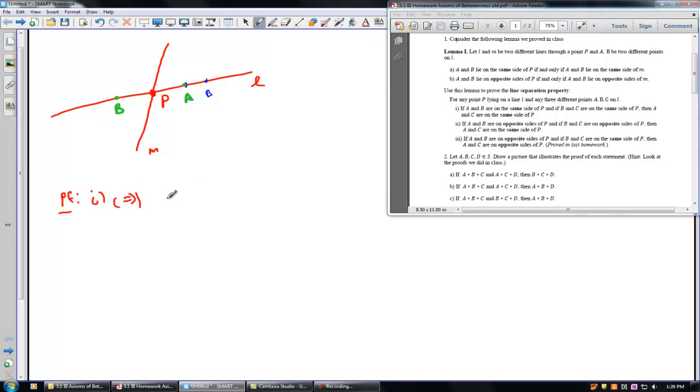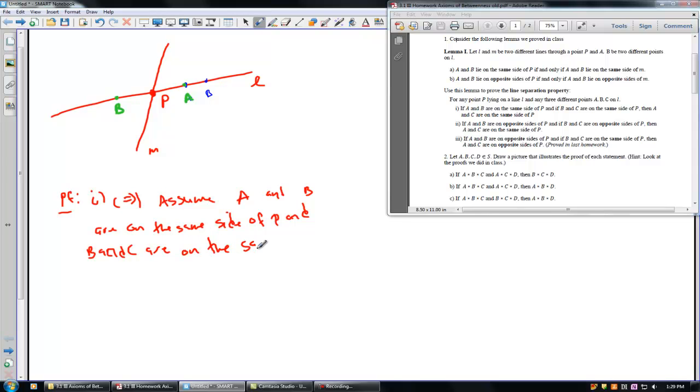What I'm going to do is assume A and B are on the same side of P, and B and C are on the same side of P. Okay, then what do we know?